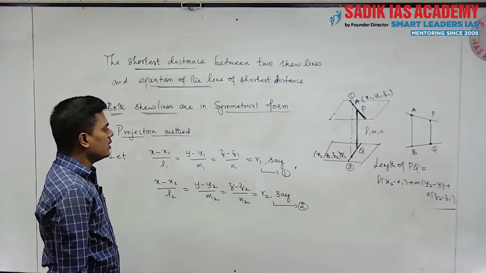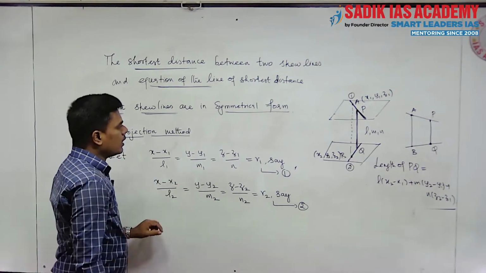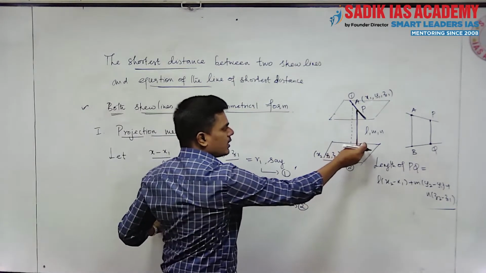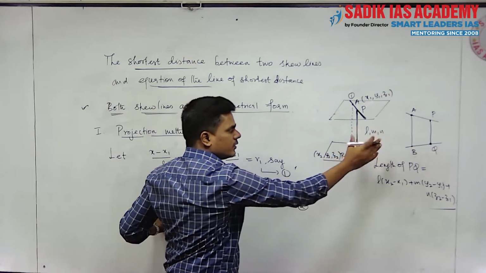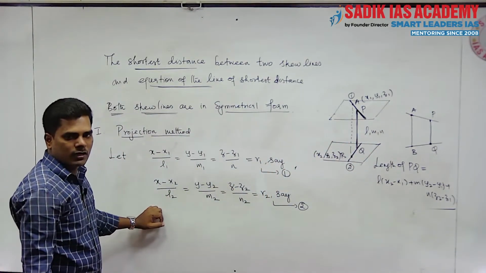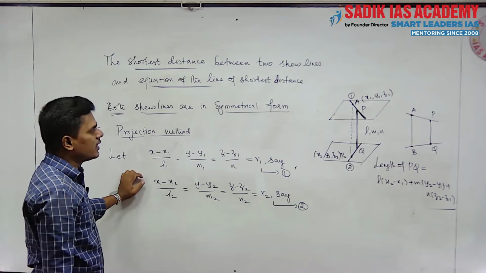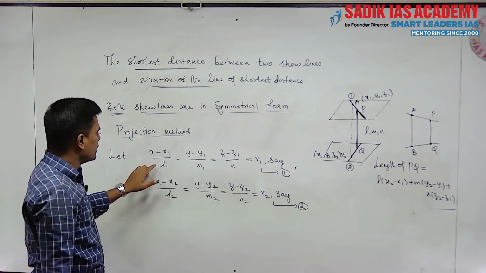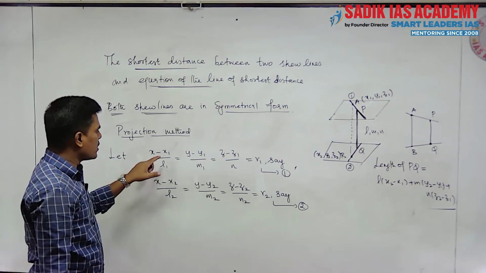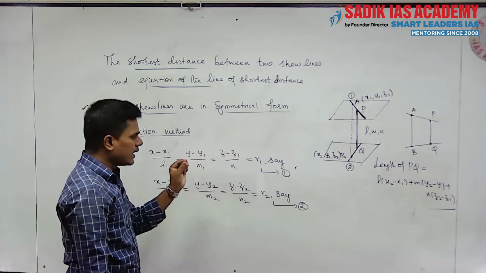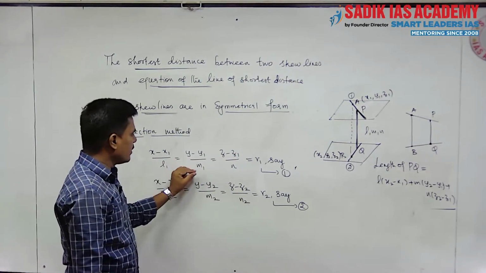Afterwards we have to find the direction ratio here. Direction cosines we may not know, so we are going to assume they are L, M, N. From here we will be finding what L, M, N are. See here, the first line passes through the point x1, y1, z1 having the direction cosines L1, M1, N1.